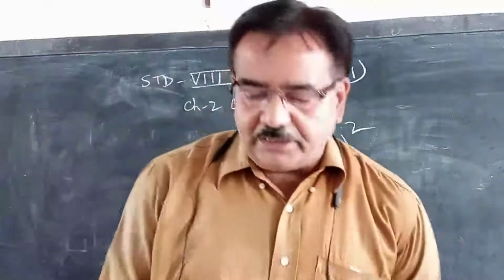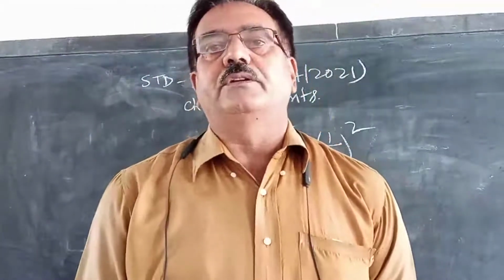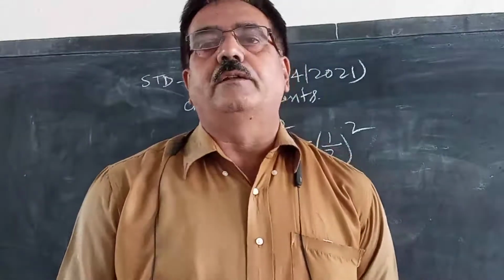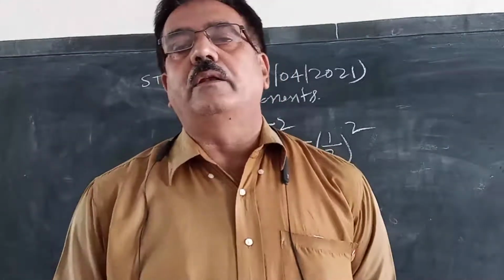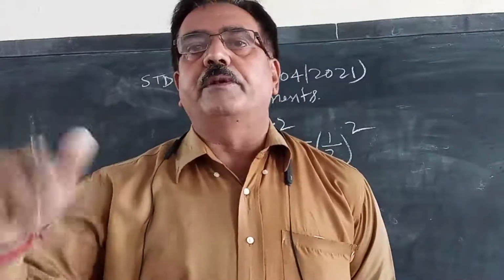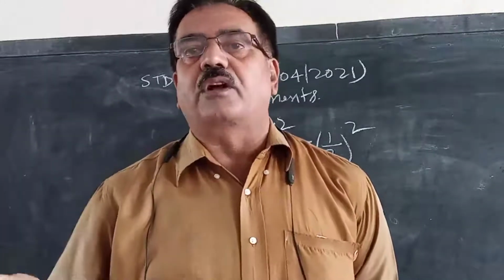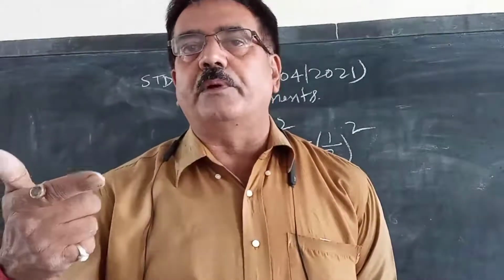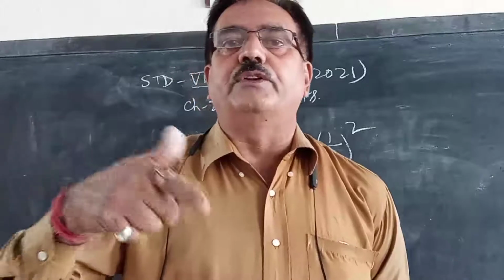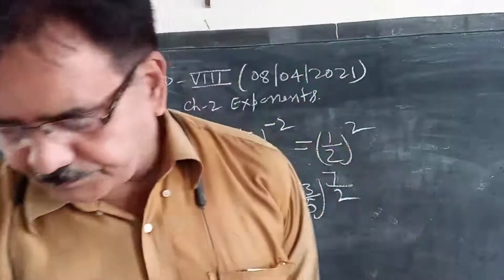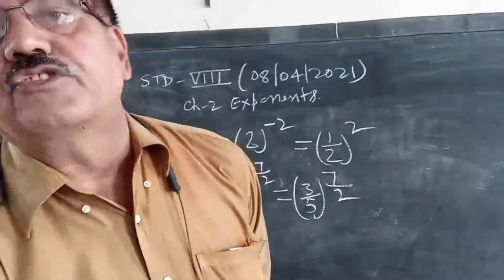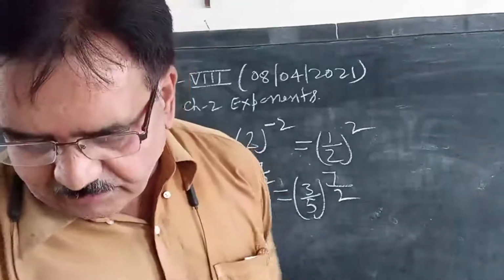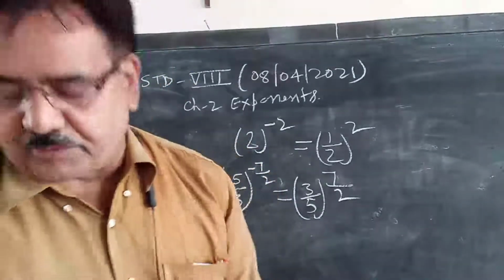So, using the laws of exponents and keeping these things in mind: when the power is 0, its value will be equal to 1. When the power is negative, take the reciprocal, and its power will change into positive. By using this concept, we have to solve the questions based on this chapter.